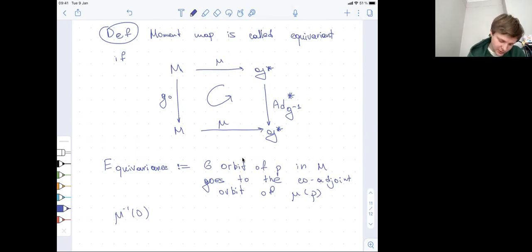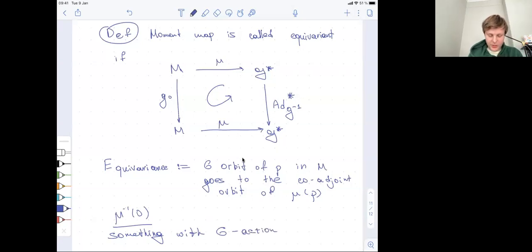So this will also be something with a G action, right? Because if the moment map of point P is 0, then the coadjoint orbit of 0 is 0, obviously, and it means that mu of G of P is also 0, right?